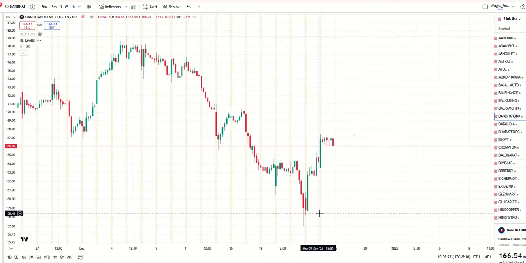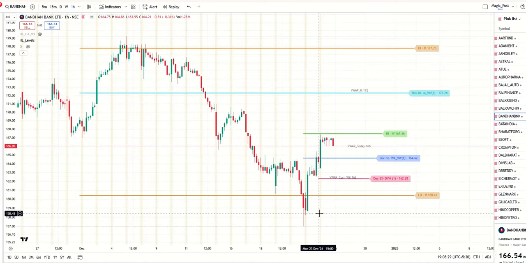Okay, so why am I talking about all this? Let me cover a few more CE, PE and support levels, because the Nifty lots are going to be 75 and there are no more weekly expiries. A lot of people like us are tempted to go and explore these options.